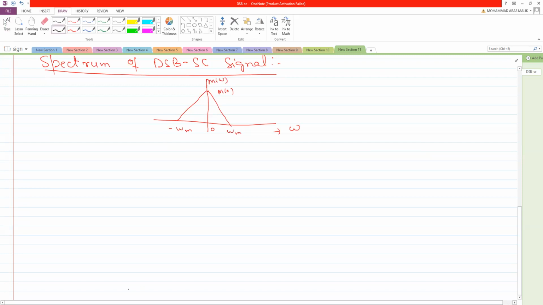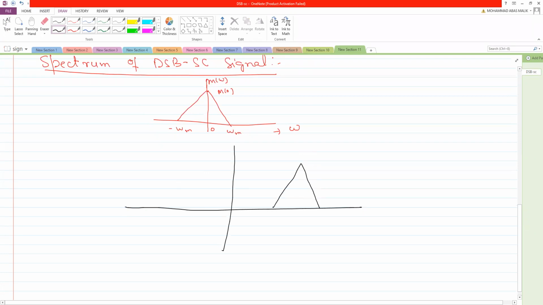Then if you try to draw the spectrum of double sideband suppressed carrier, how will this look? Okay, the spectrum will be like this.